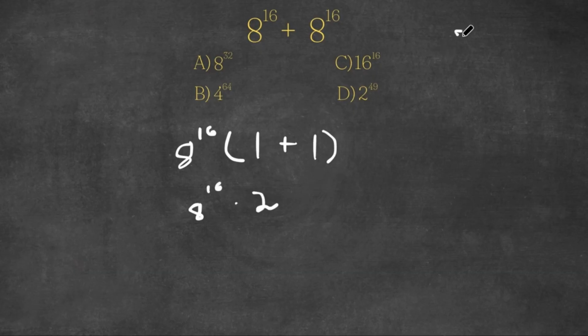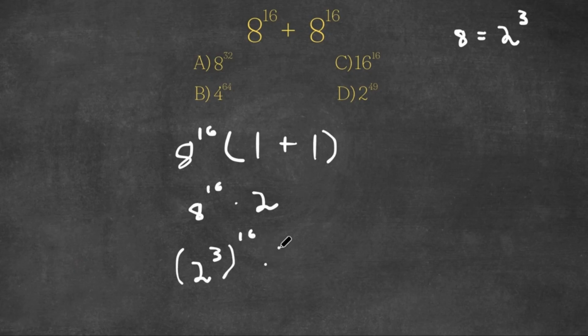Now 8, this is equal to 2 to the power of 3. So I'm going to substitute in 2 to the power of 3 for 8. So now we get 2 to the power of 3, to the power of 16, times 2.